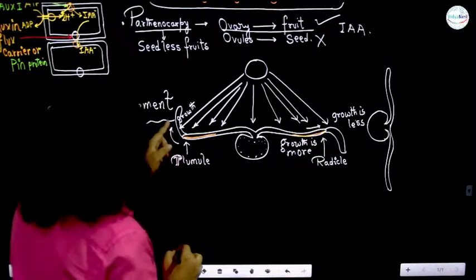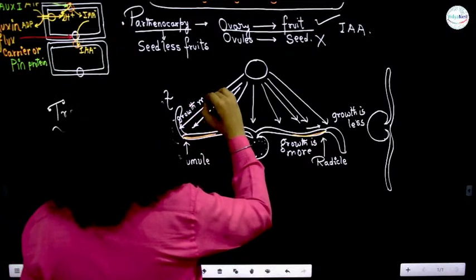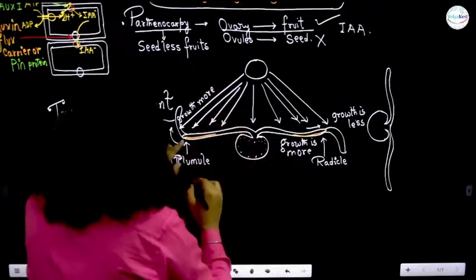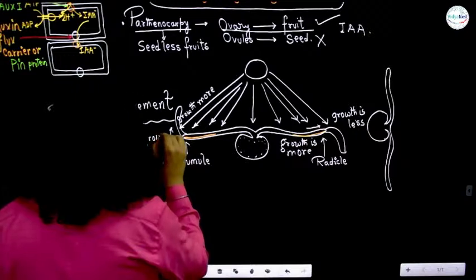So in this condition growth will be more at this region, and on this region the growth will be less.